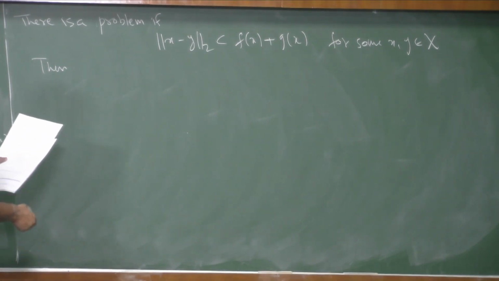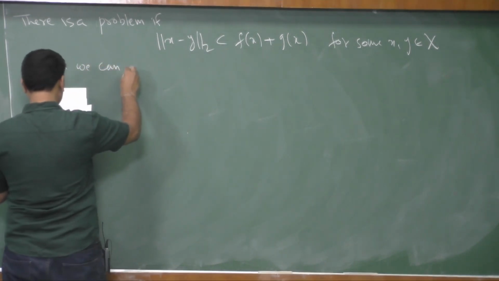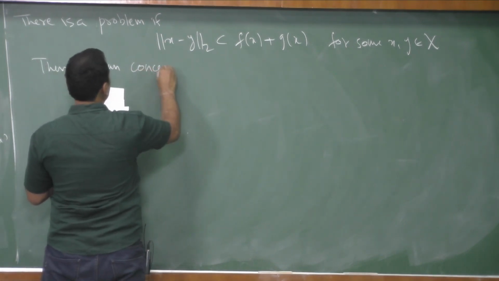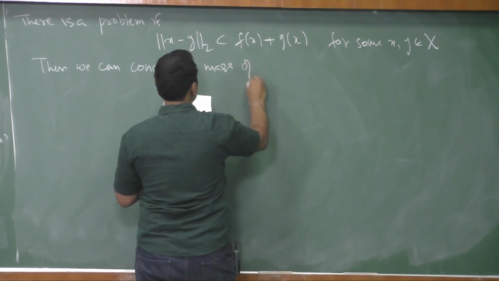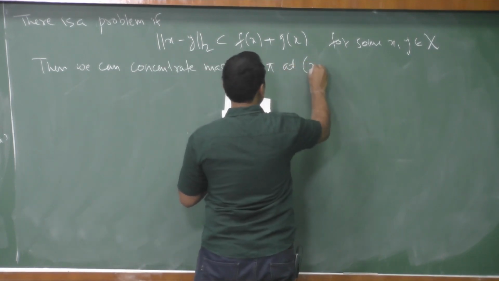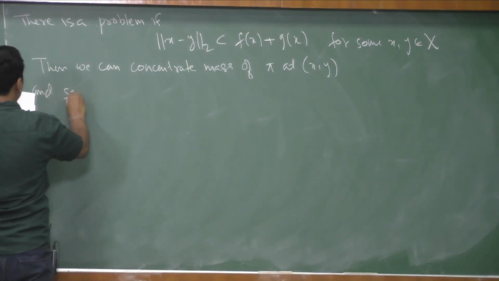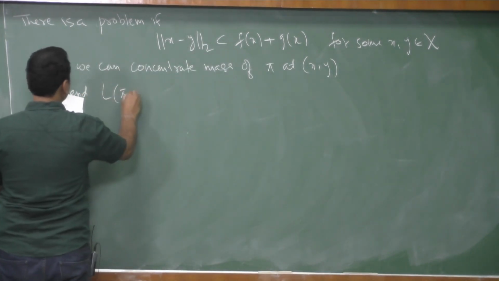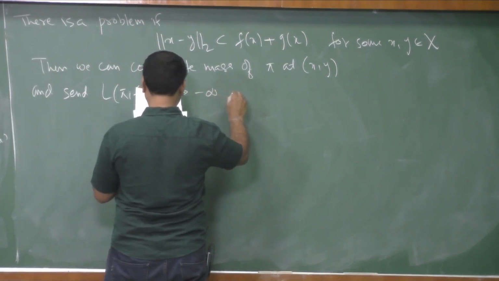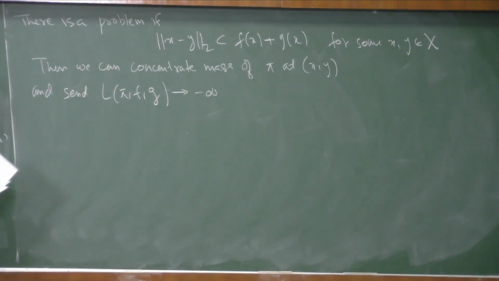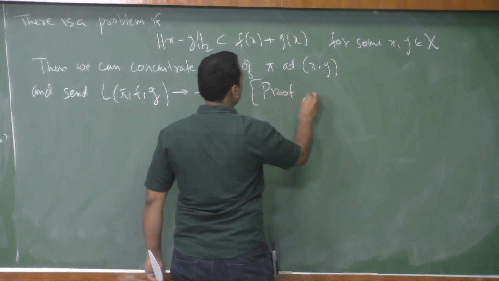So what happens is that we can concentrate the mass of pi at (x, y) and send L(pi, f, g) to minus infinity. The proof later.